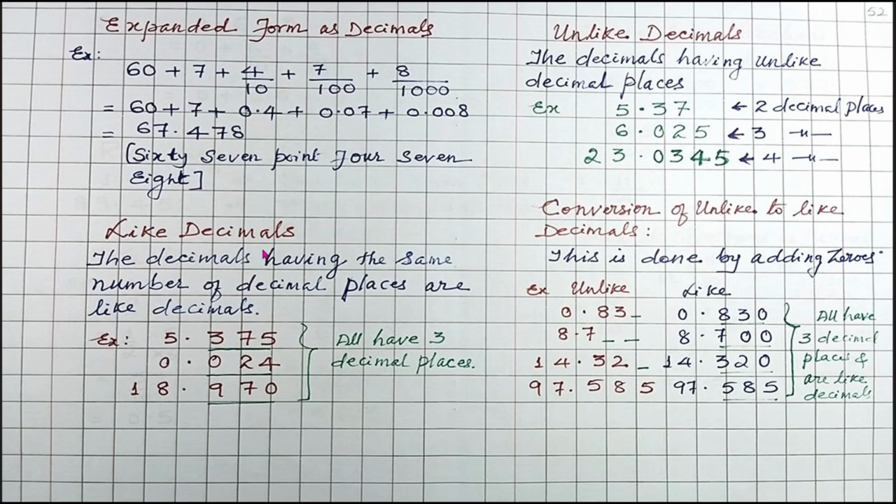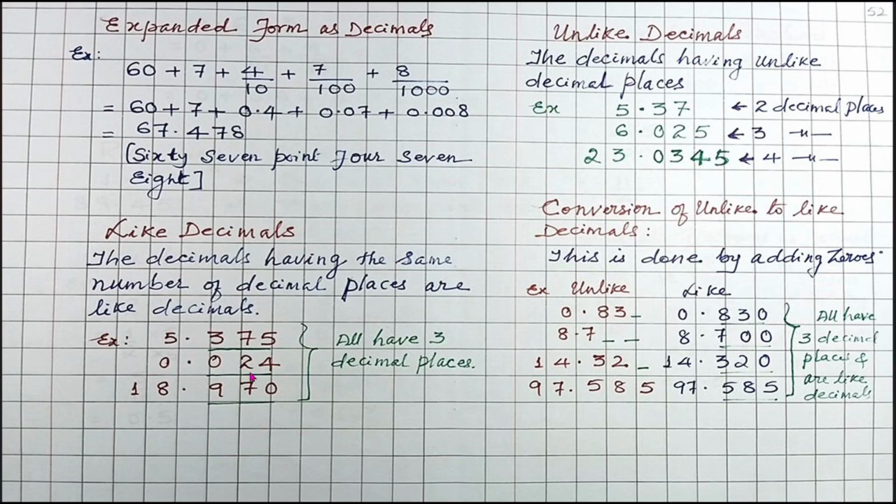Now, like decimals: decimals having the same number of decimal places are like decimals. What does this mean? Here, 375 has 3 decimal places, 024 has 3 decimal places, and 970 also has 3 decimal places. Therefore the numbers 5.375, 0.024, and 18.970 all have 3 digits after the decimal point, or 3 decimal places.